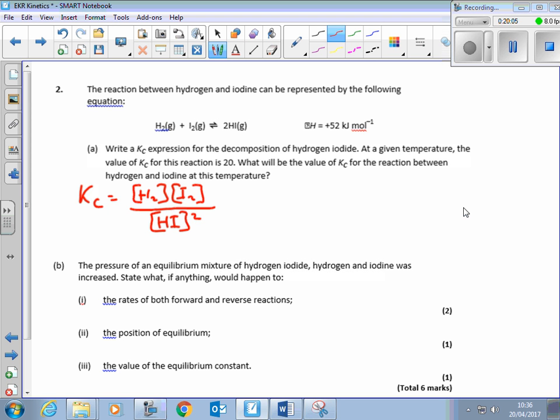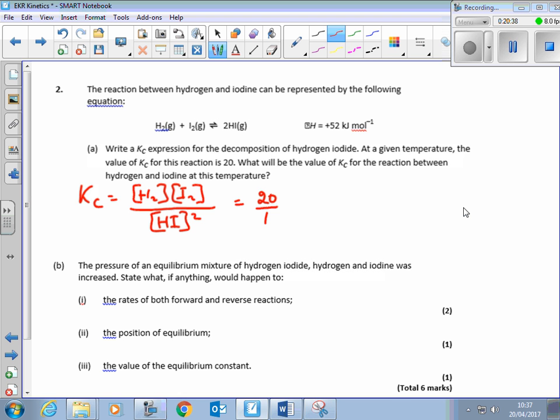At a given temperature, the value of Kc for this reaction is 20. What will be the value of Kc for the reaction between hydrogen and iodine at this temperature? Well, we did it yesterday. It's 1 over, because it's the other way up. Yeah? All right. So if it's 20, it's like that.